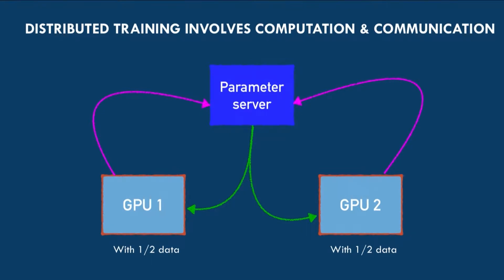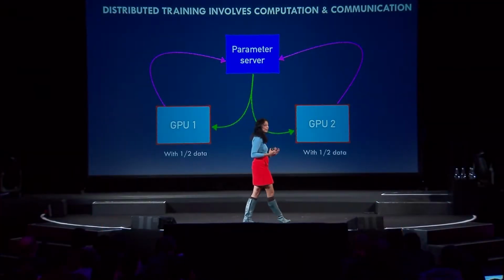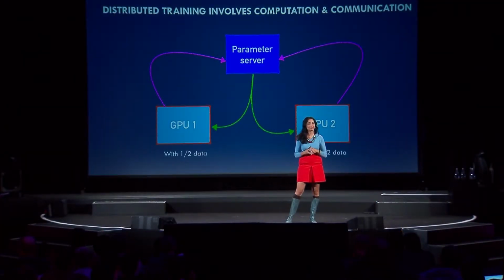But what this means is if they're doing local computations, there has to be communication between them. And this is a big challenge when it comes to scaling up machine learning. There will come a point where communication costs will overwhelm computation costs, and thus you've hit a limit on how much you can scale. So how do we resolve this?